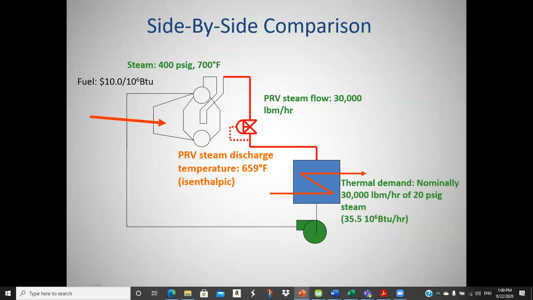Side-by-side comparison. So if we look at this, we've got 400 PSIG steam superheated at 700. If we go through the PRV, 30,000 pounds an hour, PRV steam discharge temperature is 659.